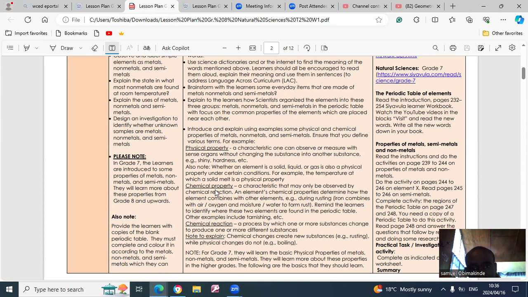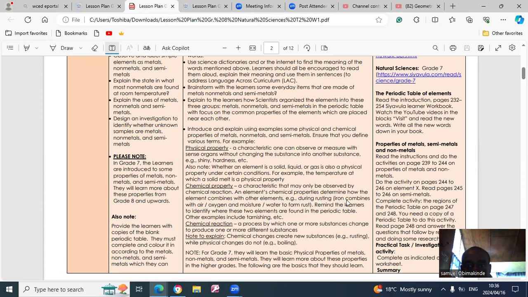Now, we would also look at chemical properties. Chemical properties deal with characteristics that may only be observed through chemical reaction. An element's chemical properties determine how the element combines with other elements, e.g. during rusting.